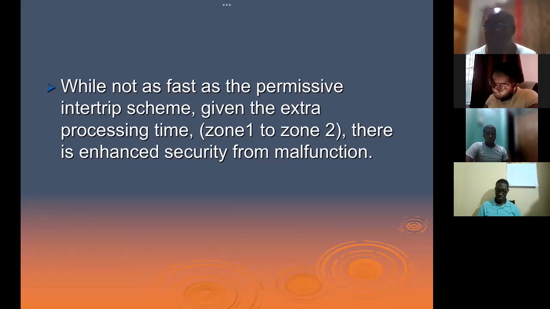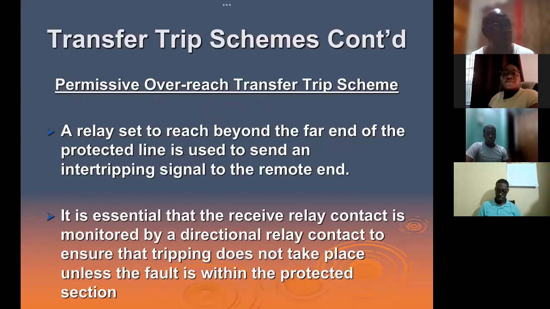All right, the last two schemes I want to look at, the permissive overreach trip scheme. The key difference here is that the send signal is done using the instantaneous zone 2 contact. That's the main difference.